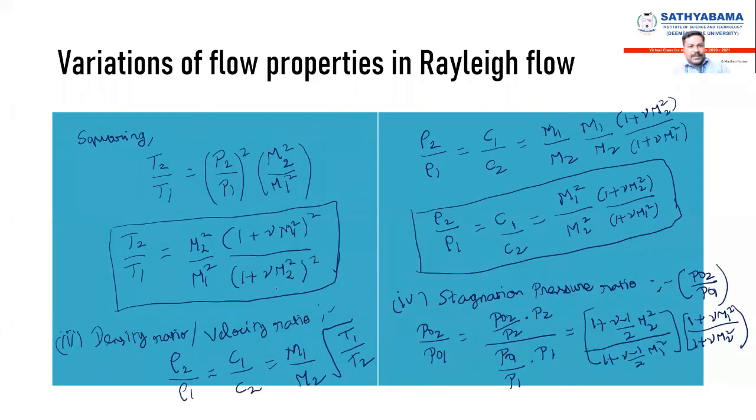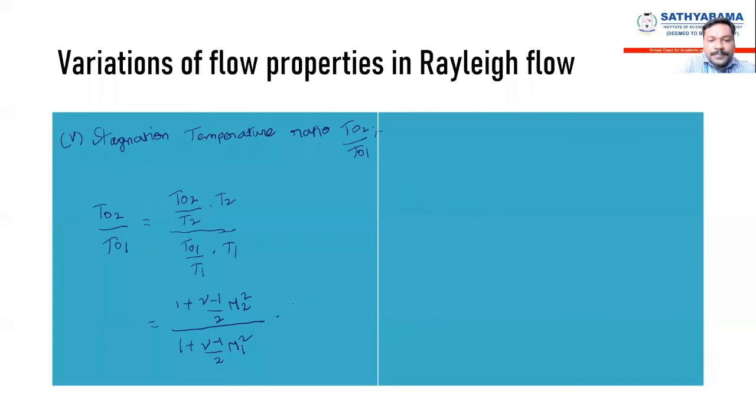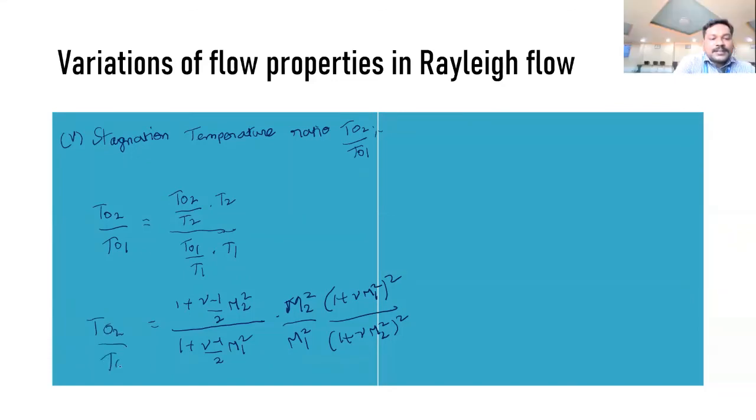Right? So your T2 by T1 relation is M2 square by M1 square, and then 1 plus gamma M1 square whole square divided by 1 plus gamma M2 square whole square. So this is your stagnation temperature relation.